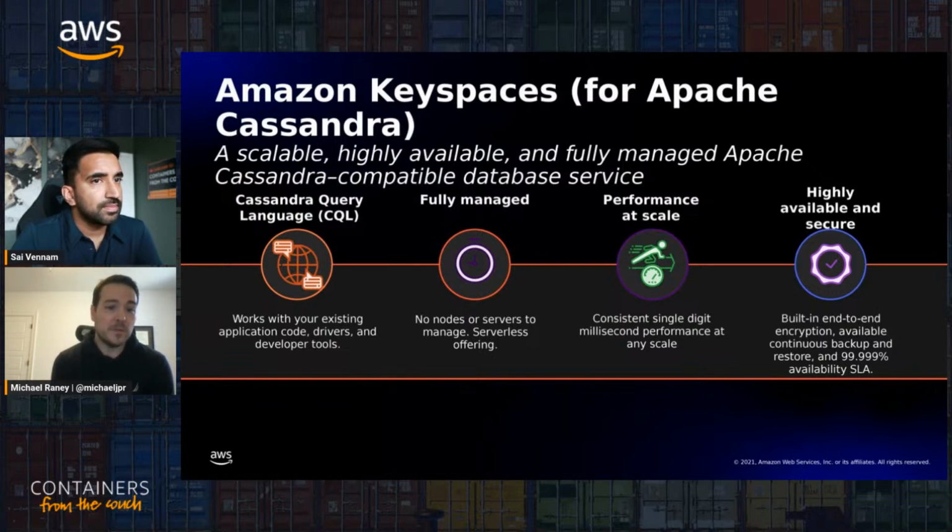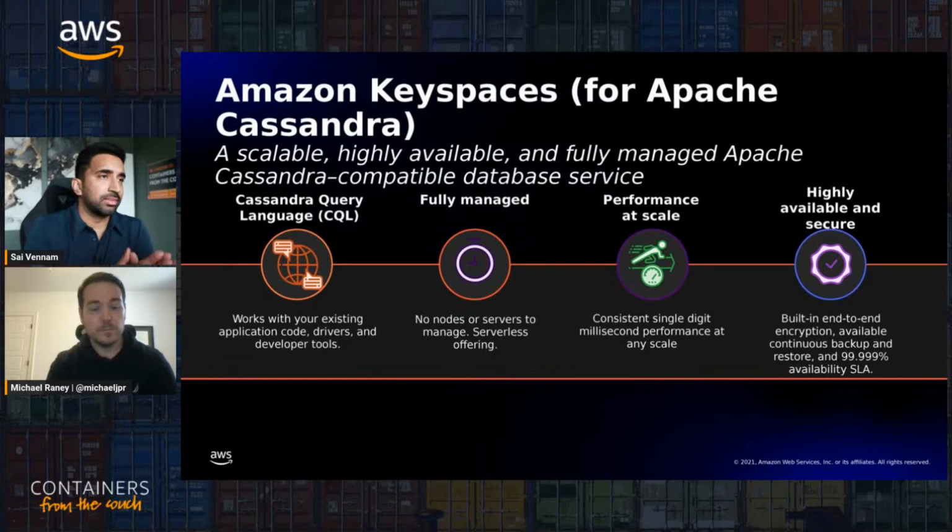So the service has 4 nines of availability in a single region. And in our multi-region deployment mode, which we released earlier last year, you can get 5 nines of availability across multiple regions on AWS.